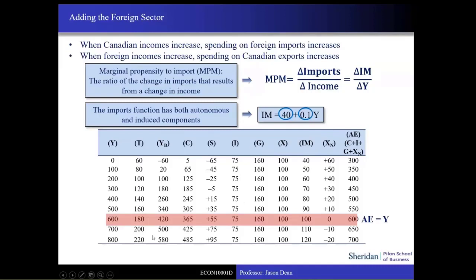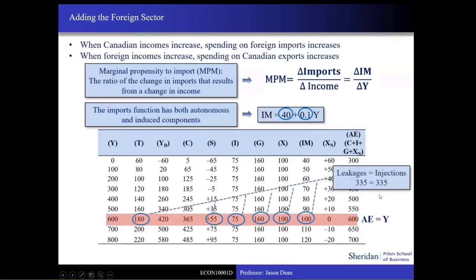The new equilibrium would be at 600. If we look at our leakages and injections, we have leakages of taxes, savings, and imports. We add them together, we get 335. Our injections are investment, government spending, and exports. We add them up, we get 335.